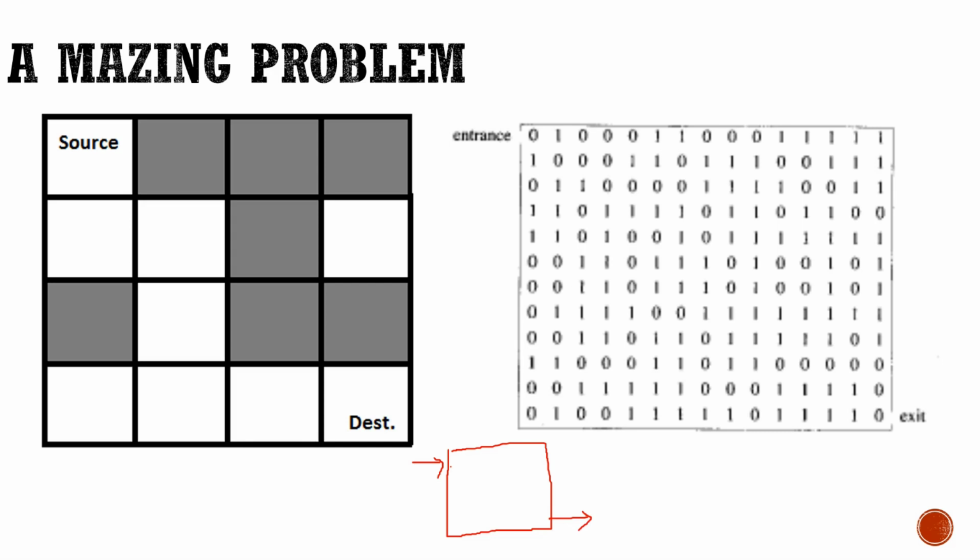This will be my start point, and this will be my exit point. Or you might have seen a game wherein you need to find the route such that the rat or some animal will find the route for the food. Such a problem is your maze problem.